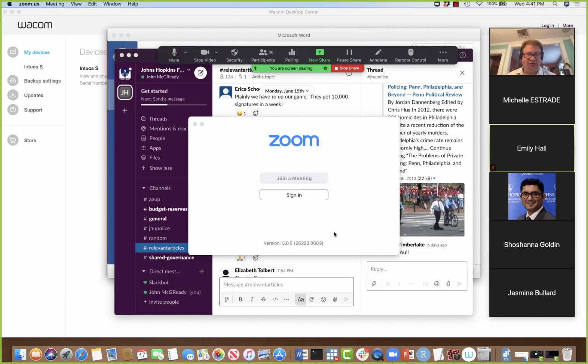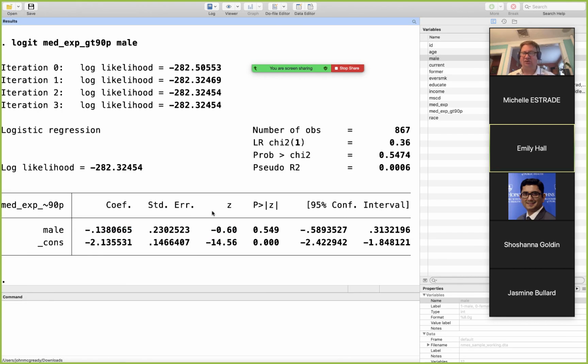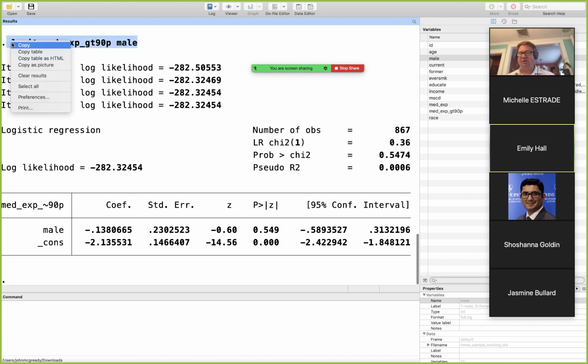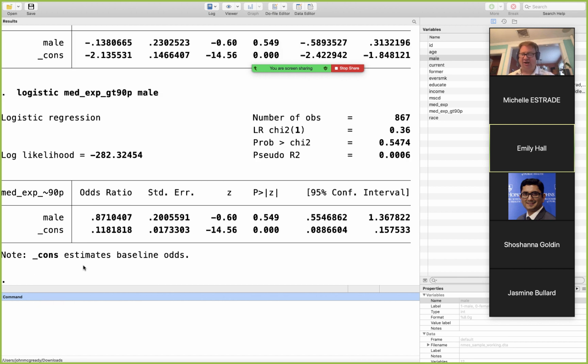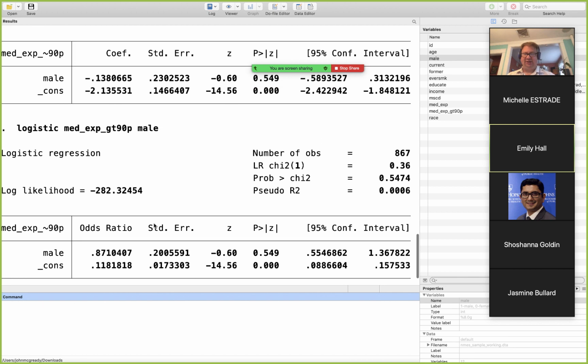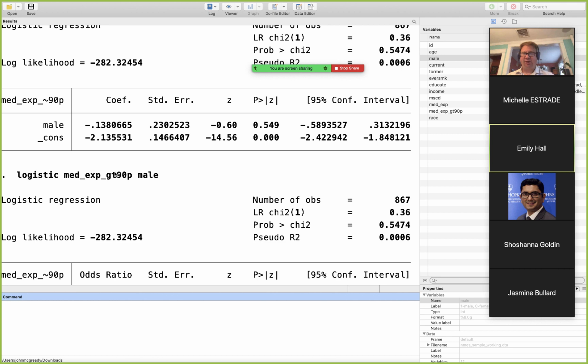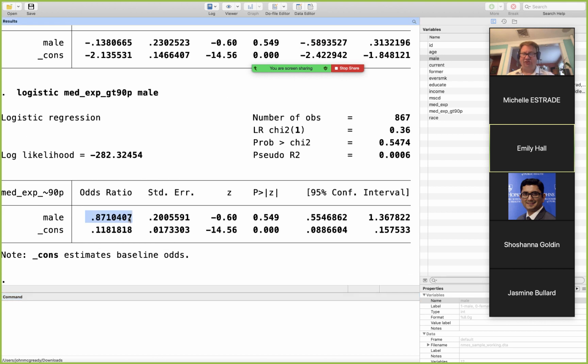Don't you think it should be able to give us these results on that ratio scale? Well, it turns out, as you've seen, if I replace the command logit with the word logistic, it will present the estimates I got and their corresponding other line items on that scale. So this is that odds ratio 0.87.